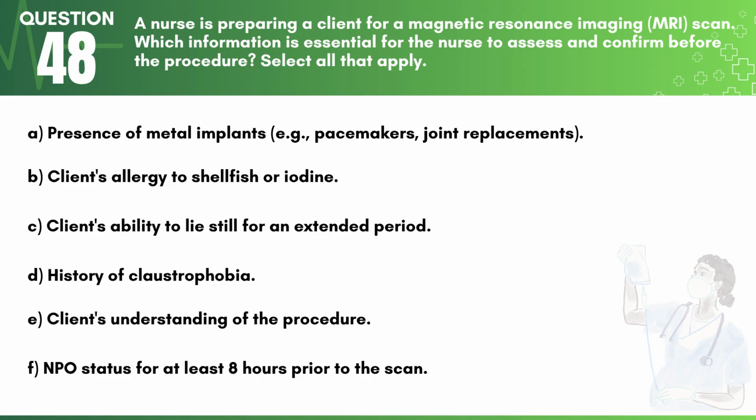B. Client's allergy to shellfish or iodine. C. Client's ability to lie still for an extended period. D. History of claustrophobia. E. Client's understanding of the procedure. F. NPO status for at least 8 hours prior to the scan.